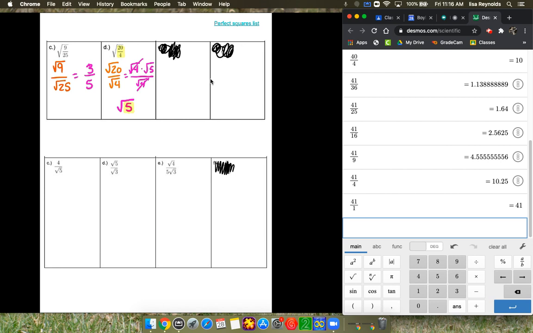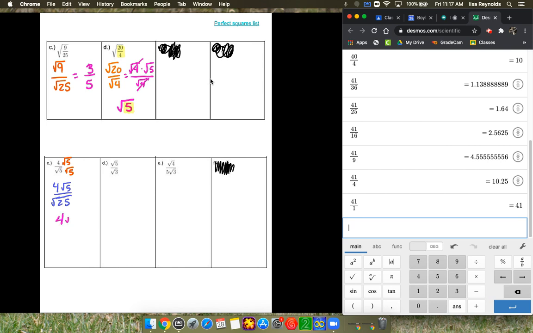In the next set of problems, we're going to start out with our rationalize. So we multiply both pieces by the radical that is in the denominator. Then we multiply, so 4 square root of 5 times the square root of 25. And then we're going to simplify.